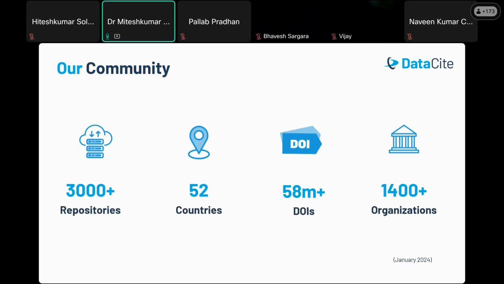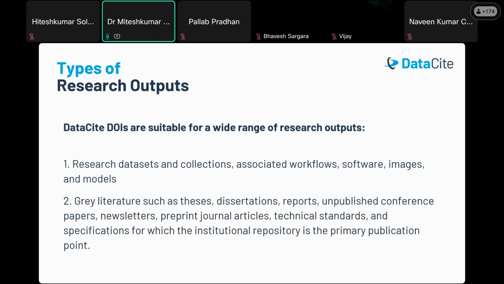Looking at the worldwide spread, it is a network of 3,000 plus repositories across 52 countries, with 58 million plus DOIs granted, and around 1,400 organizations are part of DataCite.